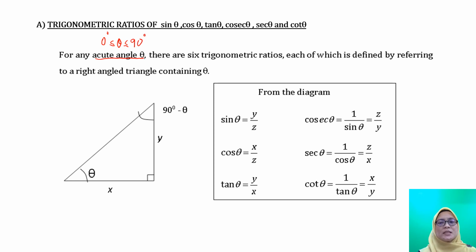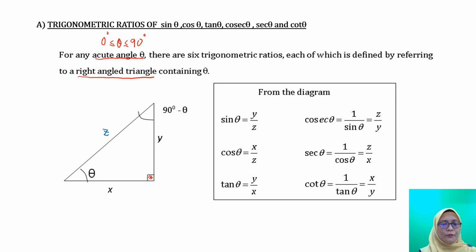There are 6 trigonometric ratios, which are defined by referring to a right angle triangle containing 90 degrees. Right angle triangle means that you have a perpendicular or 90 degrees. From the diagram, we have x, y and here is z. This is your theta.